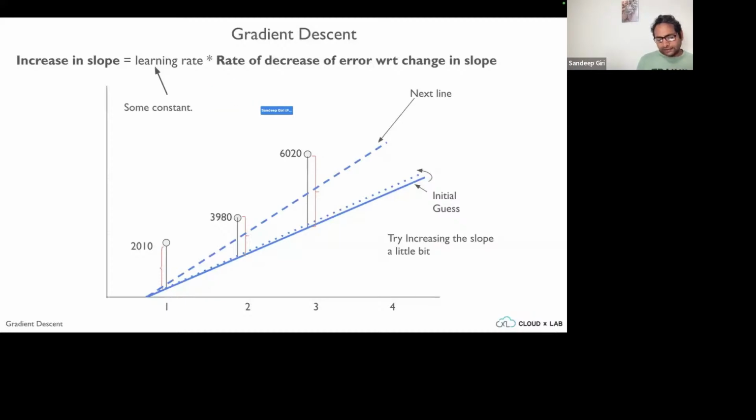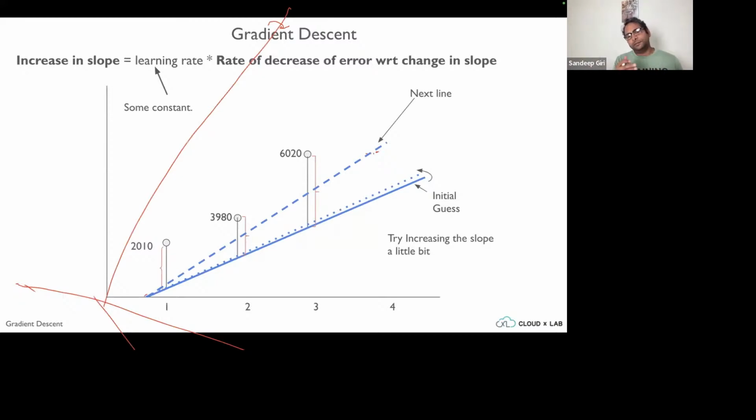But the rule of thumb is, when you are trying again and again, increasing the slope and moving the line back and forth, if instead of converging, the error keeps on increasing, that means you have to bring the learning rate down. For example, if the next guess is this line, and when you try again the next line turns out to be somewhere like this or like this, that means you are going away.